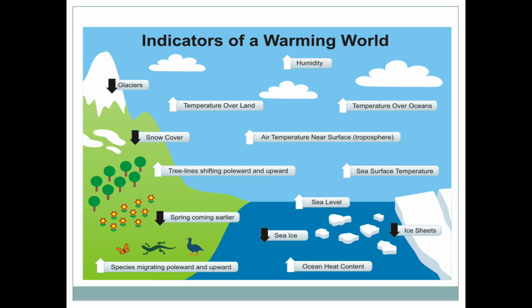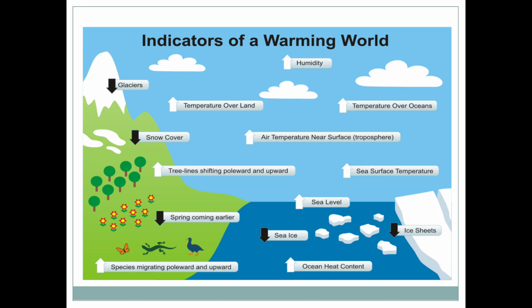Now, what are the indicators of the warming world? How will you be able to understand the world is warming up? Here we can see that you can check the level of humidity in the air, temperature over oceans, air temperature near surfaces or troposphere, sea surface temperature, sea level, ocean heat content, species migrating poleward and upward, tree line shifting poleward and upward, and temperature over land.